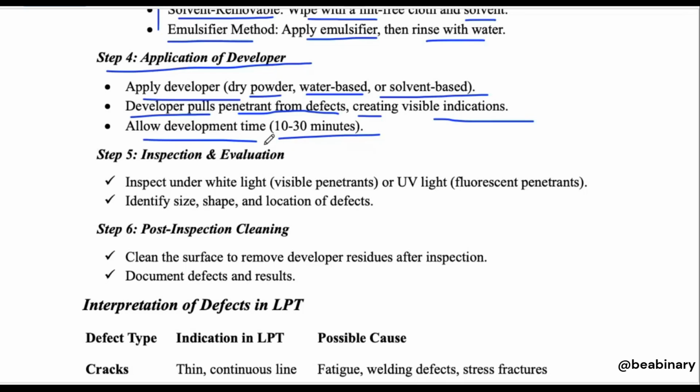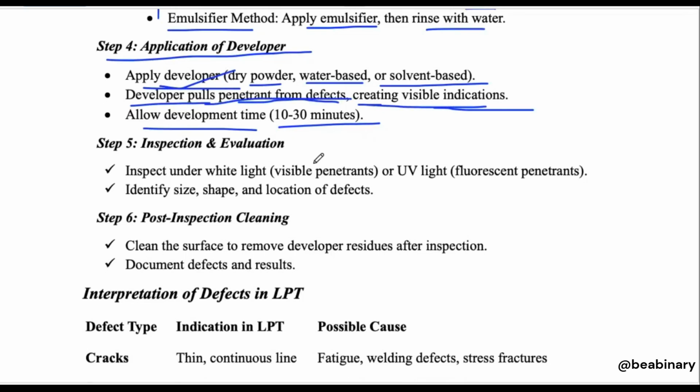Once we apply the developer, it pulls the penetrant from the defects, giving visible indications, and for that we must allow the developer to stay on the surface for 10 to 30 minutes.